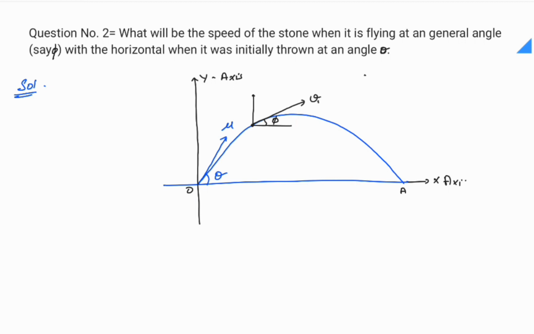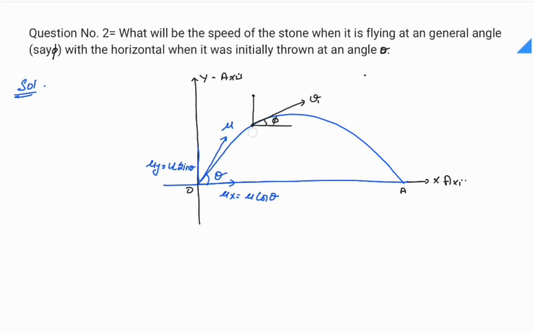Now it is asking what will be the speed of the stone when it is flying at general angle, say phi. Now let us calculate the horizontal and vertical velocity. Suppose this is u, then u of x will be equal to u cos theta, and u y, the y-axis initial velocity, is going to be u sin theta.